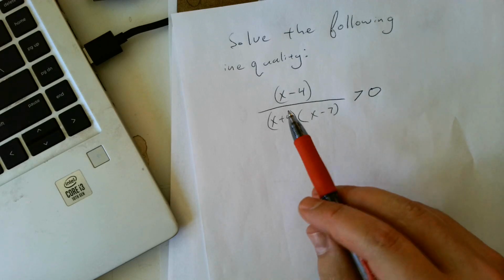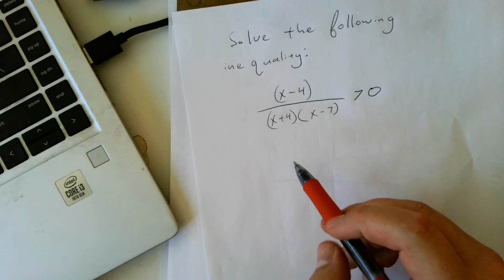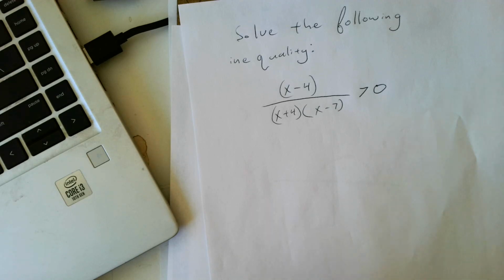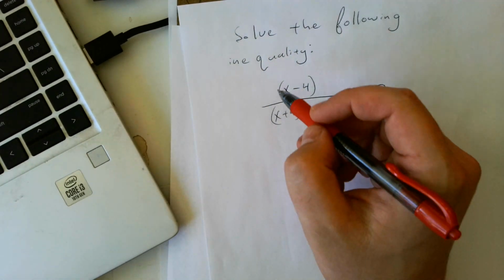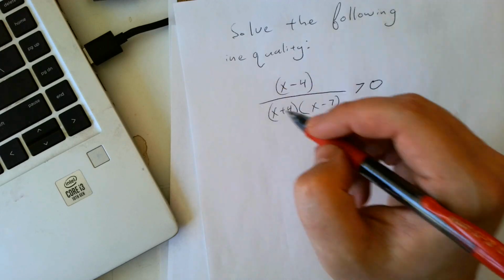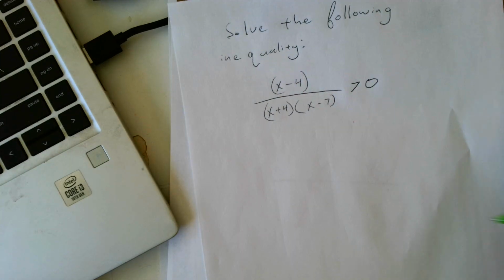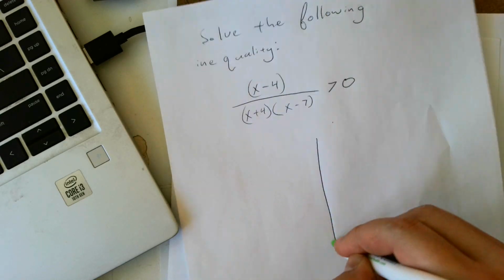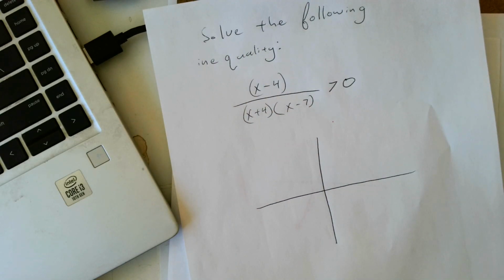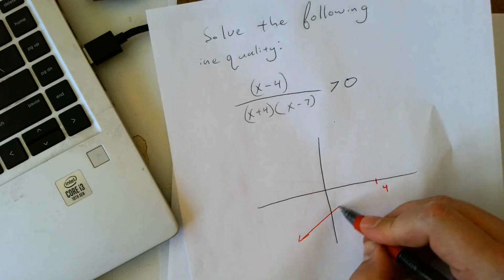First thing I'm going to do, make sure that I'm all factored. This isn't a video on factoring. x plus 4, x minus 7. But I am going to graph both of these. x minus 4, that's a line that goes through positive 4. So on my graph, the first thing I'm going to do to solve an inequality like this is graph 4, that's my numerator.